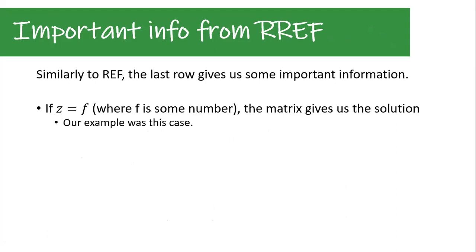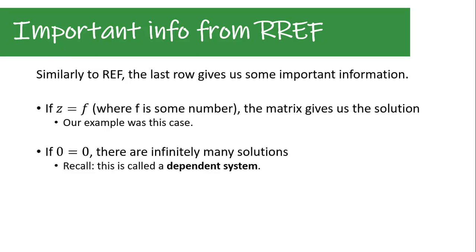Now, similarly to just the row echelon form, that last row is going to give us some important information. It's going to give us the same information, actually. If we see that z equals some number, then the matrix gives us the solution right away. In our example, we had this case. It gave us the value for z, it gave us the value for y, and it gave us the value for x. On the other hand, if our bottom row is 0 equals 0, remember that we have a dependent system and there are infinitely many solutions.